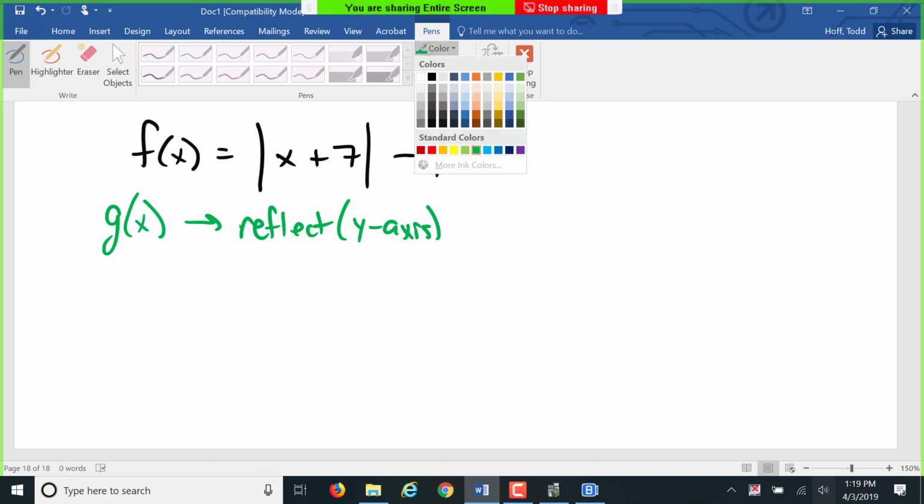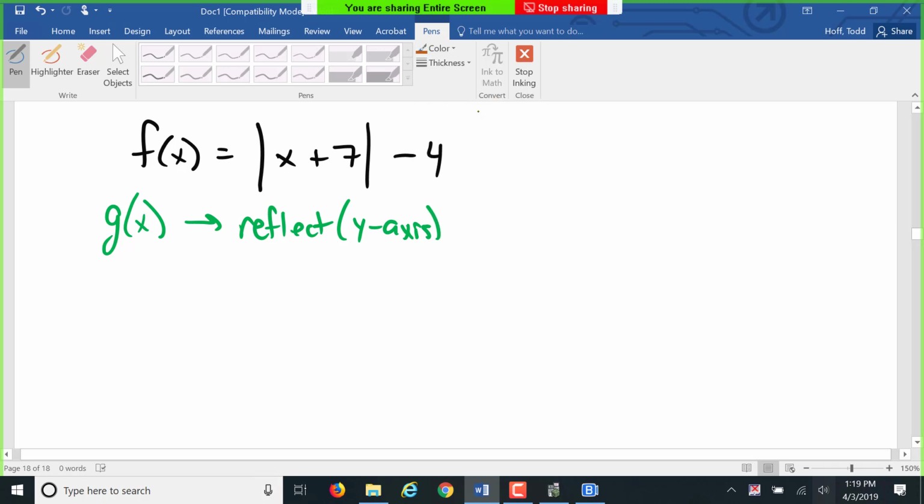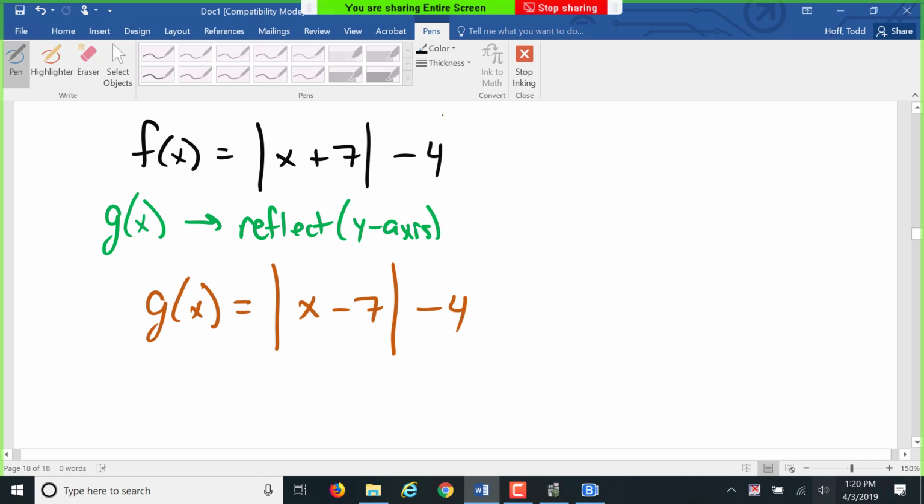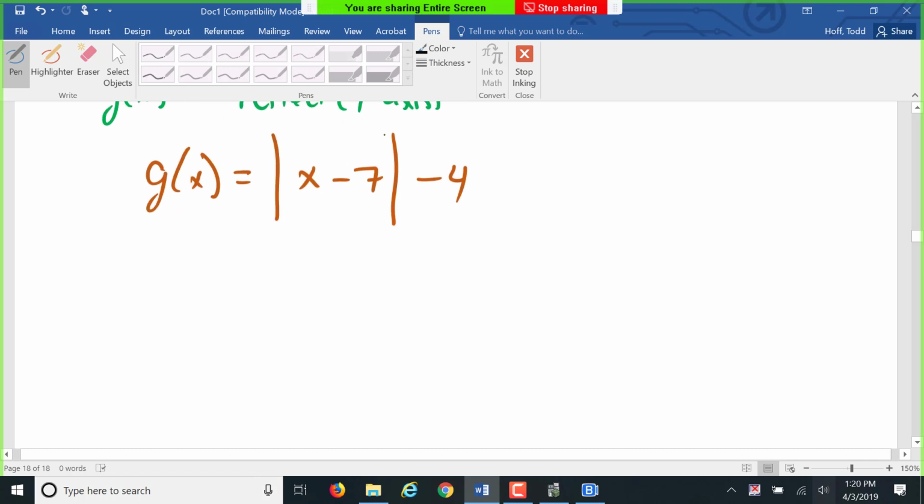What's the equation for g of x going to be? There you go. G of x will be the absolute value of x minus 7, then minus 4. So we have reflected about the y-axis.